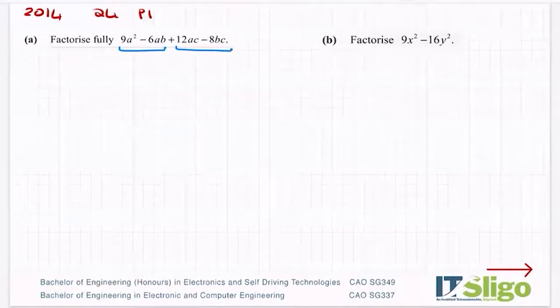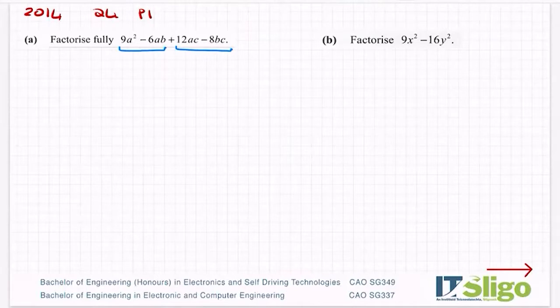Okay, and if I was to group something else, I'm going to show you how I would group something else in a minute. But let's go ahead with this way. So what's common between 9a squared and 6ab? So in other words, what are its factors? If I look at the factors of 9a squared, I know the factors of 9 are 9 by 1, they're 3 by 3, and the factors of a squared is a by a.